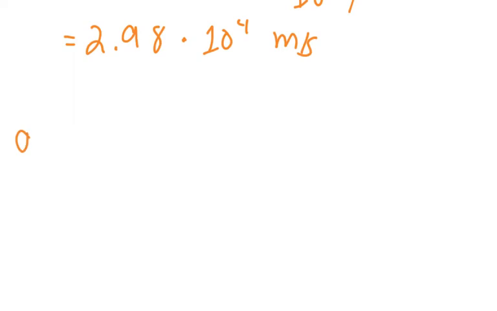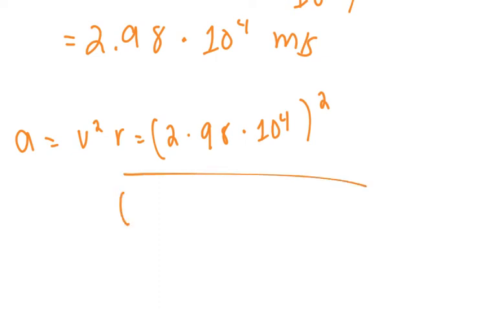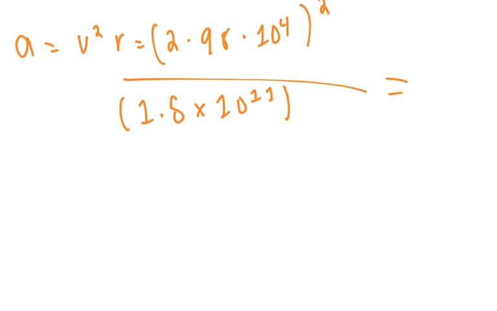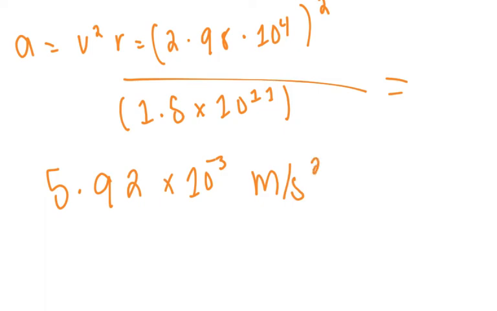And that is a equals v squared over R, which equals 2.98 times 10 to the 4th power, in parentheses, to the 2nd power, over 1.5 times 10 to the 11th power, and that gives us 5.92 times 10 to the negative 3rd power meters per second squared.